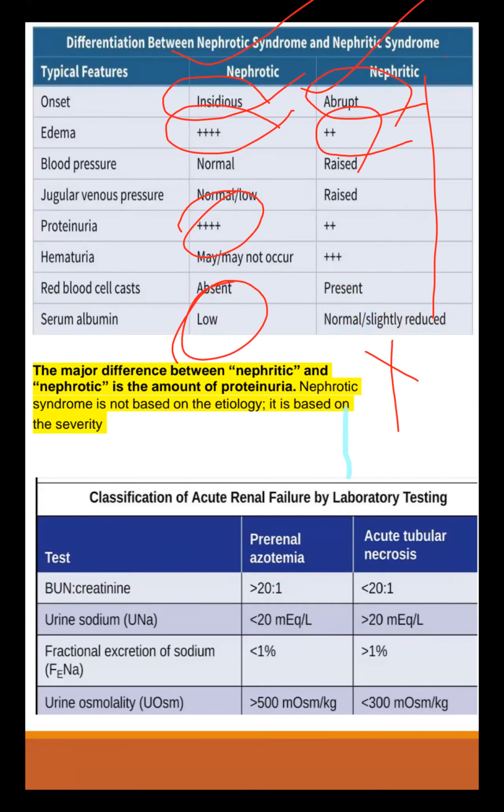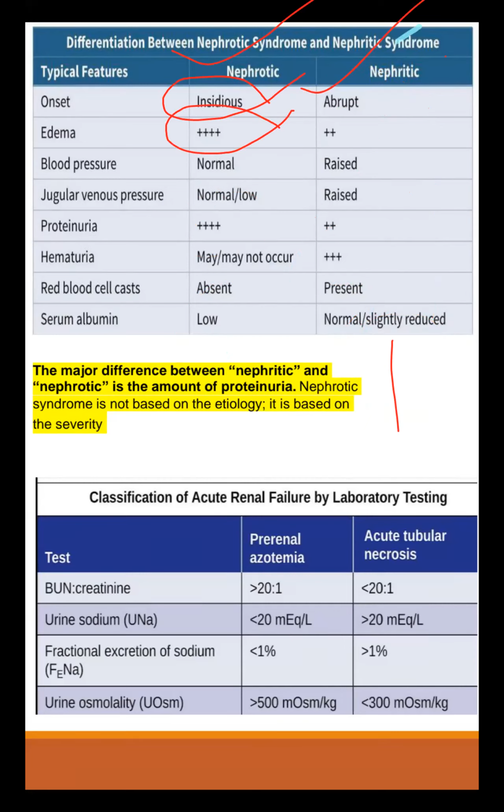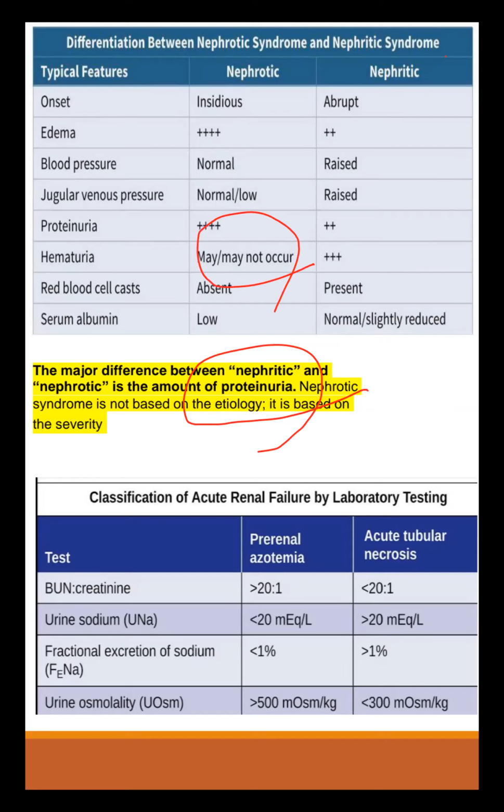This chart is strongly important for the exam. Major difference between nephritic and nephrotic is the amount of proteinuria. We have to remember proteinuria will differentiate nephrotic and nephritic, not RBC. RBC may not be present in nephrotic. Commonly remember no RBC, that's it.